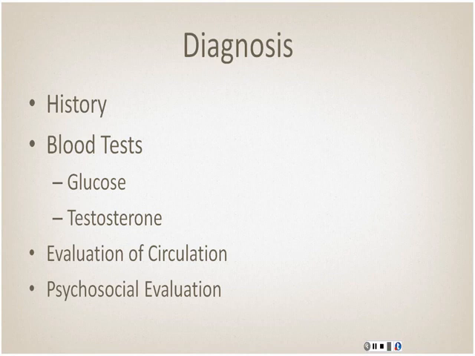And then psychosocial types of evaluations to see if there's high stress or illness or those kind of things. And are there any surgeries or interventions that may have decreased circulation or nerve impulses?